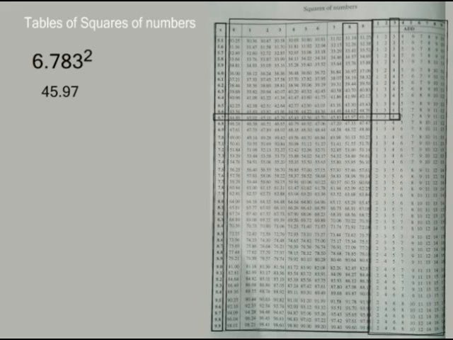We read the number, it's 4. So we add 4 to our previous reading. So we shall have 45.97 plus 4, and that gives us 46.01. And so 6.783 squared is equal to 46.01. Notice that 4 is added as 0.04 and not as a whole number.